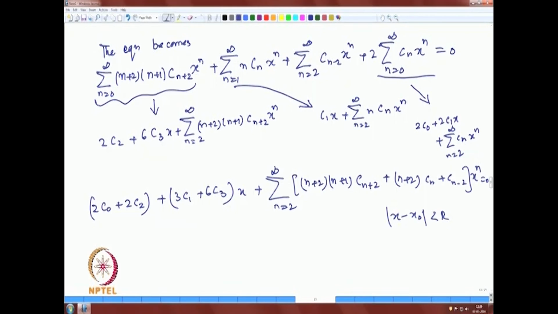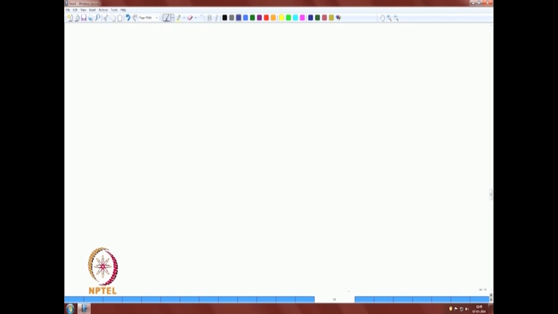So, equating the coefficients of the powers on the left hand side to 0, because the right hand side is already 0, we get 2 c_0 plus 2 c_2 is 0 and 3 c_1 plus 6 c_3 is 0, and this gives c_2 is minus c_0 and c_3 is minus half c_1. And from the summation term, (n+2)(n+1) c_{n+2} plus (n+2) c_n plus c_{n-2} is equal to 0.